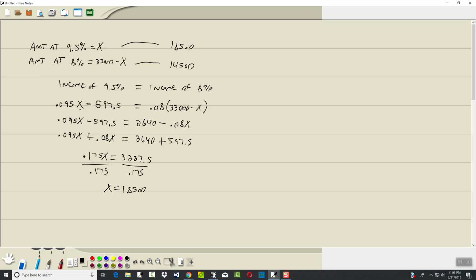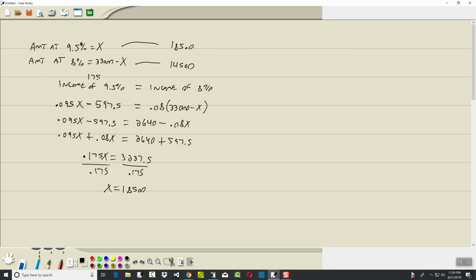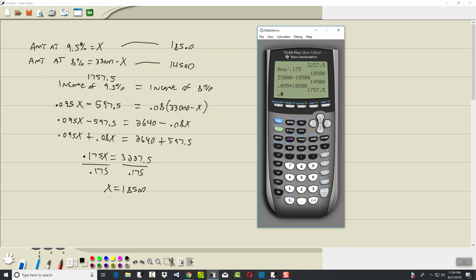If I plug that in here, I'd have 0.095 times the x. 0.095 times 18,500, 1757.5. So my income here would be 1757.5. Now if I plugged it over here, 0.08 times 14,500, 1160.